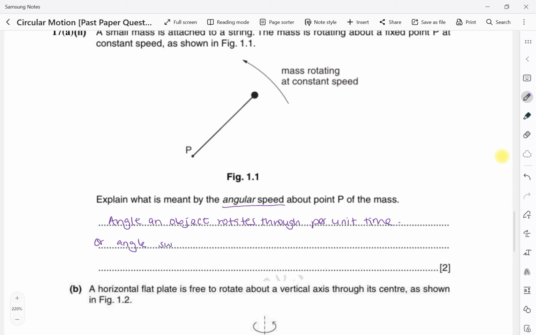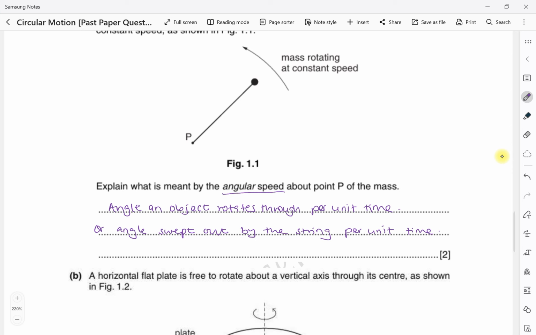Or the angle swept out by the string per unit time. Of course, the string is going to sweep out an angle. The angle swept out by the string per unit time is called the angular speed. I'm using this diagram here.